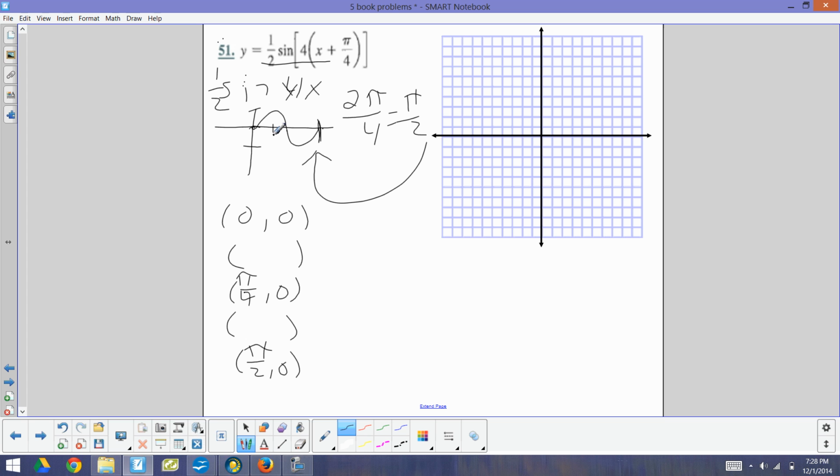A quarter of the way through the period, so 1/4 of pi over 2, which is pi over 8, I'm at a max. And 3/4 of the way through the period, I'm at a min. So 3/4 of pi over 2 would be 3 pi over 8. So at 3 pi over 8, I'm at a minimum.